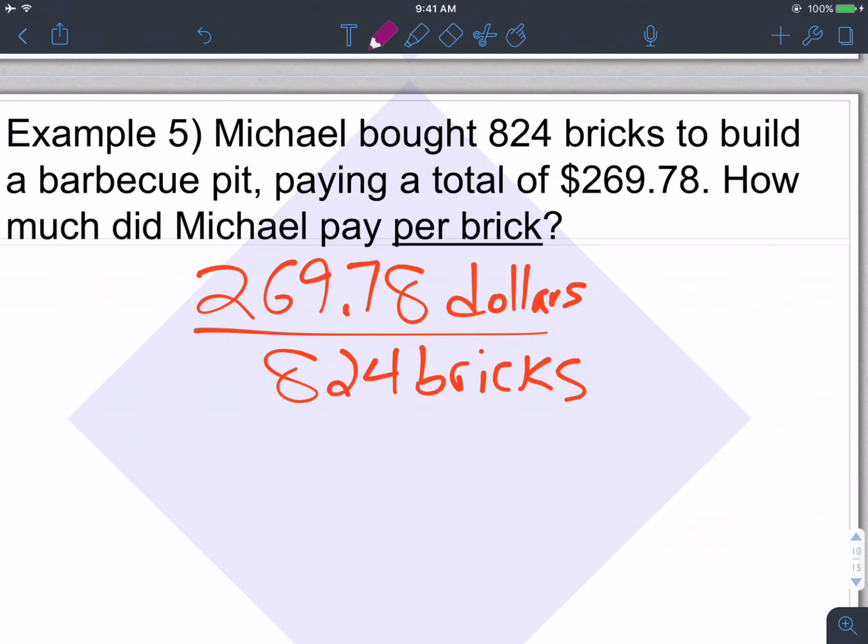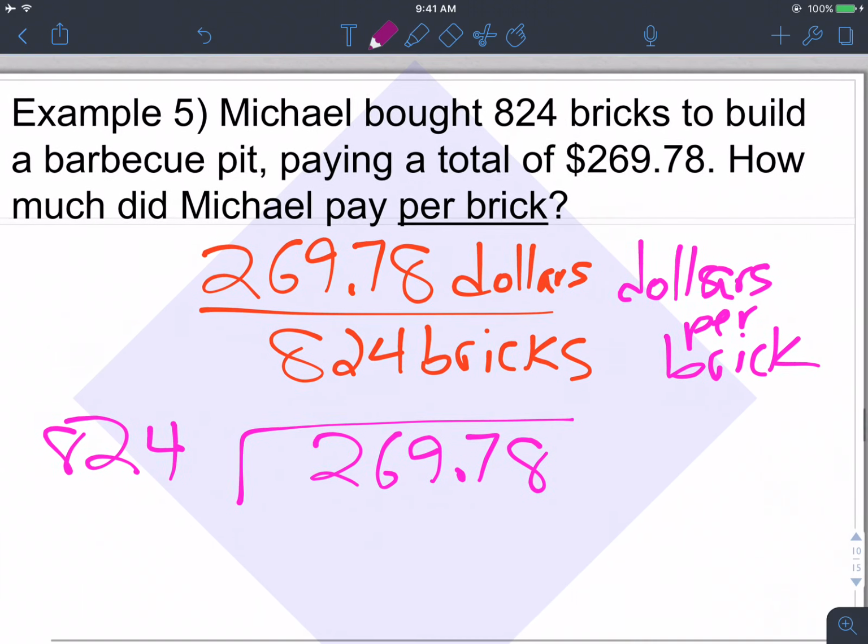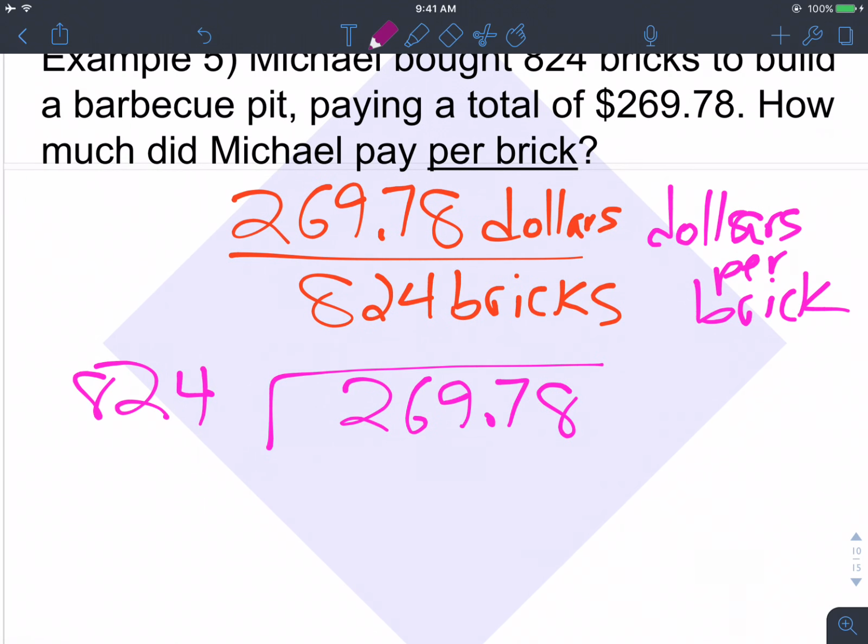And the reason why I wrote those words out is I look at the dimensions of it. If I do dollars divided by bricks, this is going to be dollars per brick. And I know I'm doing it the right way. Remember that the denominator is the divisor. Oh, I got myself in a real pickle here.